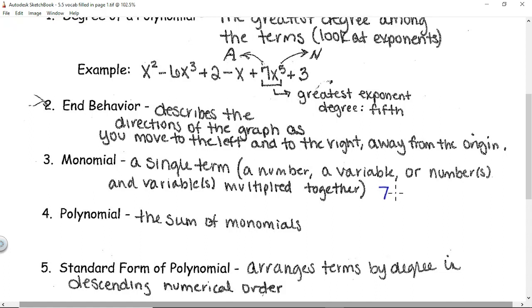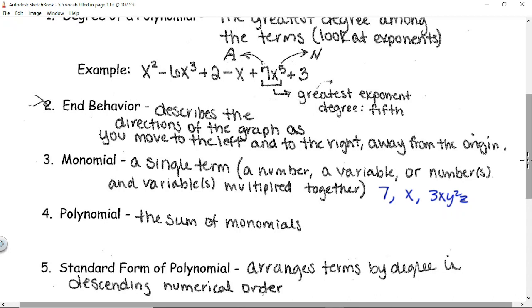Okay, that's a monomial. It's a number. What if we said x? That's also a monomial. It's a variable. And of course it can be numbers and variables multiplied together, something like 3xy squared, and then we could throw in a z just for fun. 3xy squared z. That is a monomial.